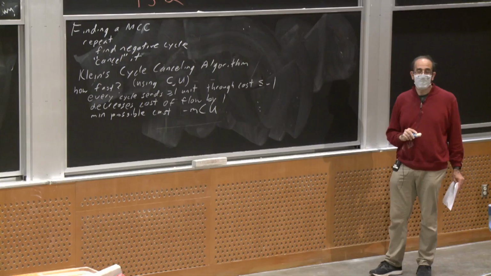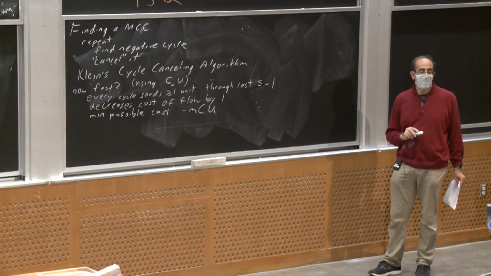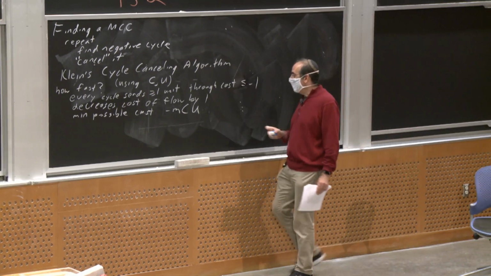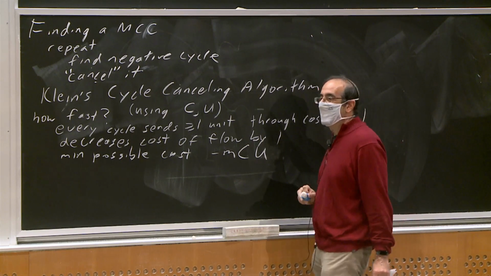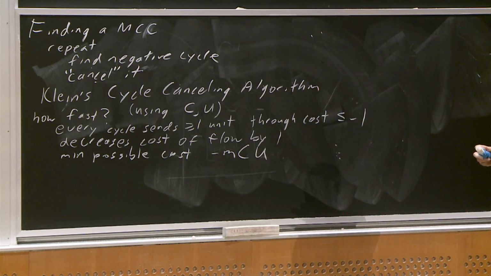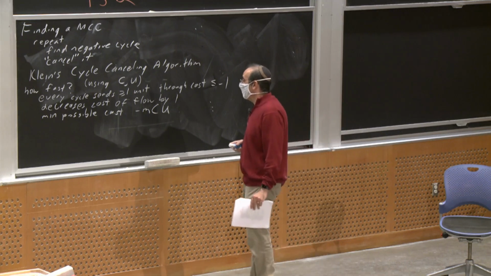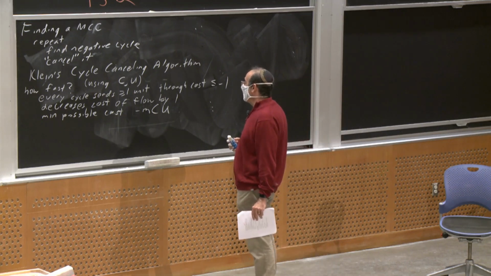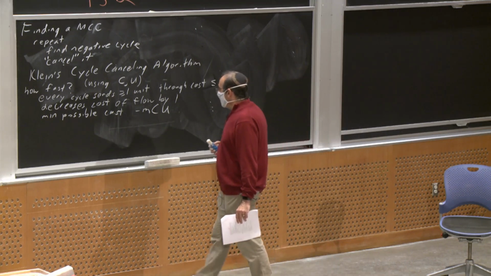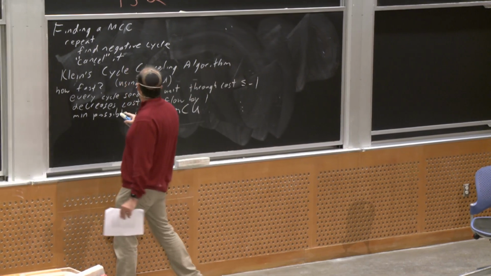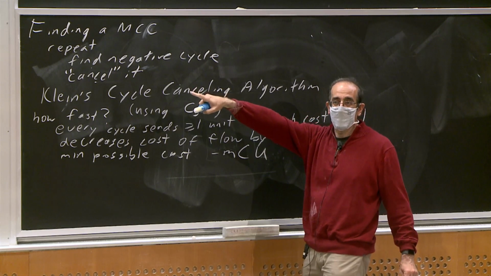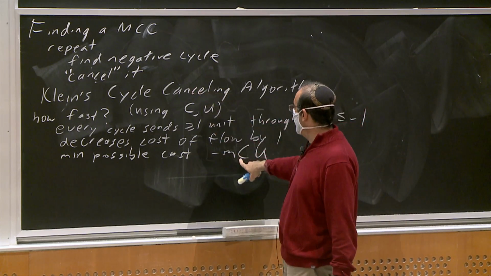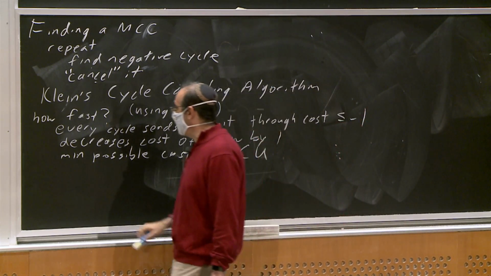Okay? Which is a very important acronym these days, right? Just shows the foresight of researchers of the past decades. So we now know the time to find a negative cycle using Bellman-Ford or Dijkstra. We know how many of those negative cycles we'll need to cancel.